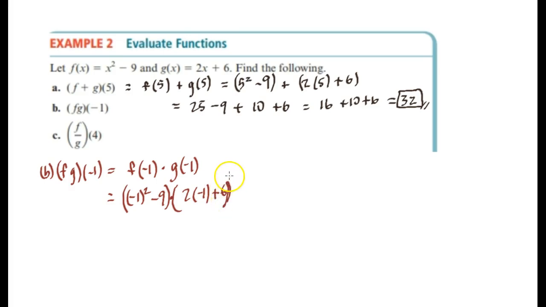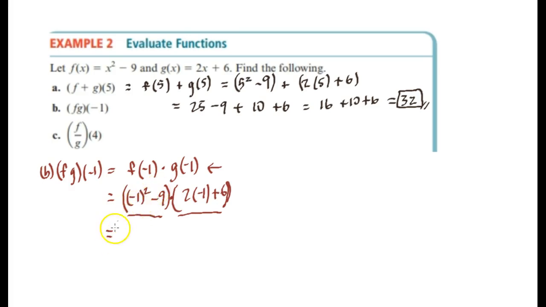Notice that if we did not put the parentheses here, we want to make sure we multiply all of f of negative 1 by all of g of negative 1. That's what it's saying up here. But if we didn't put parentheses around, then only the negative 9 would be multiplying by the 2. We want all of this to multiply by all of this, and that's what the parentheses are saying. So let's go ahead and simplify at this point.